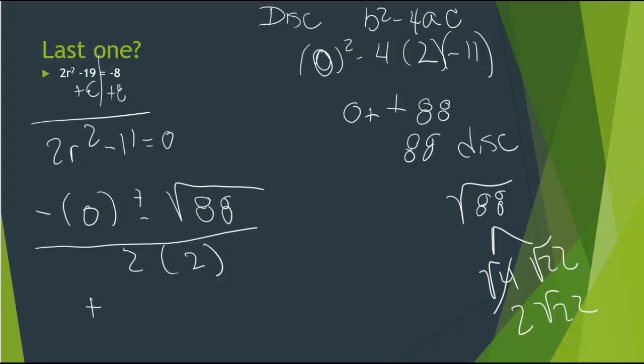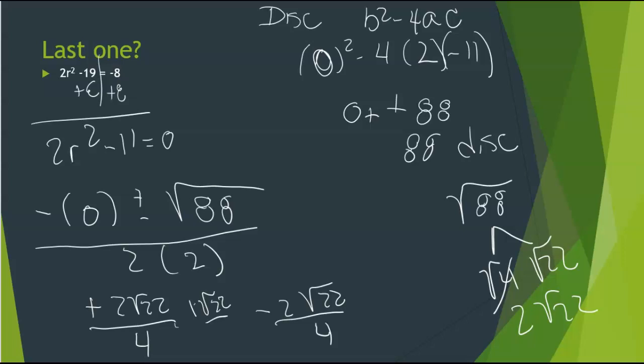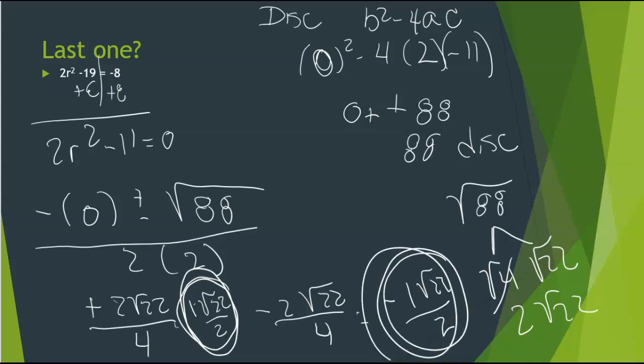So positive 2 square root of 22 divided by 4, negative 2 square root of 22 divided by 4. 2 divided by 4, we can simplify that. 1 square root of 22 over 2, right? Because these both will divide by 2. Negative 1 square root of 22 over 2. Positive square root of 22 over 2 and negative square root of 22 over 2.